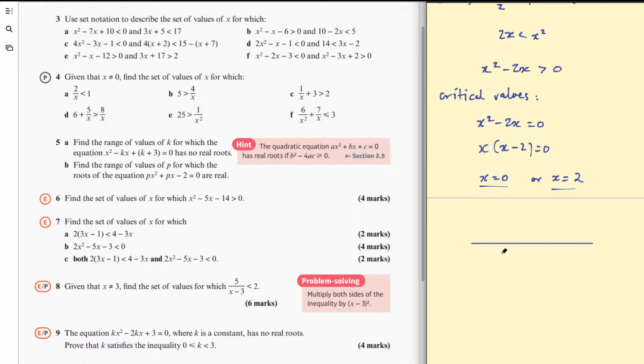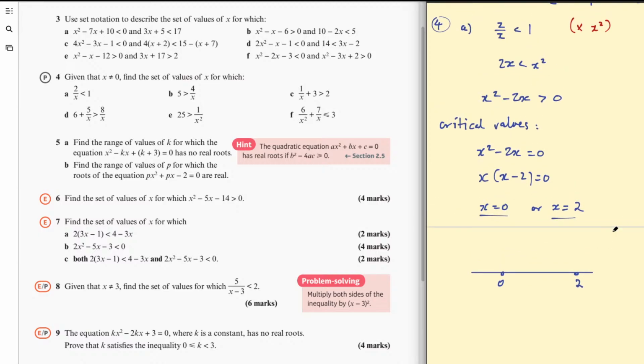You don't have to do this every time. If you feel confident writing the solution set without the sketch, then possibly you can skip this step, but I would suggest doing it just to avoid any errors. So this is a positive quadratic, so it's up this way. Smiley face. And we're looking for the values of x greater than 0. So that's these sections in here above the axis.